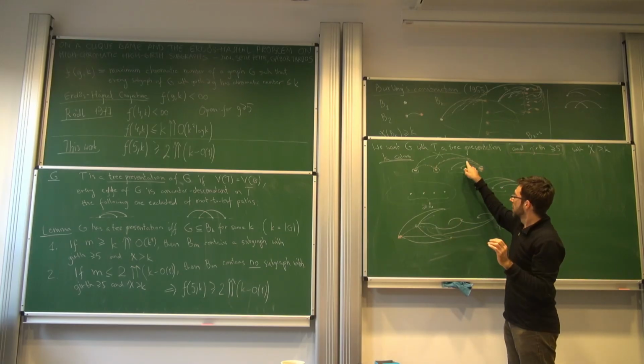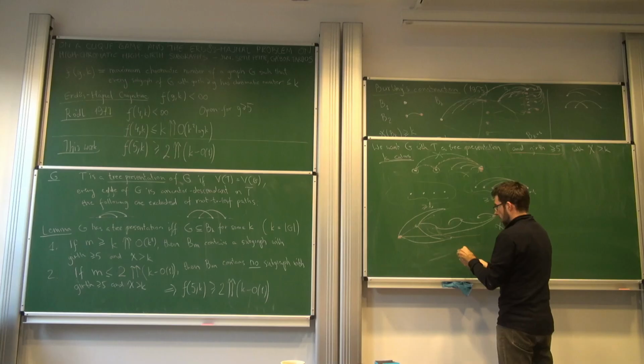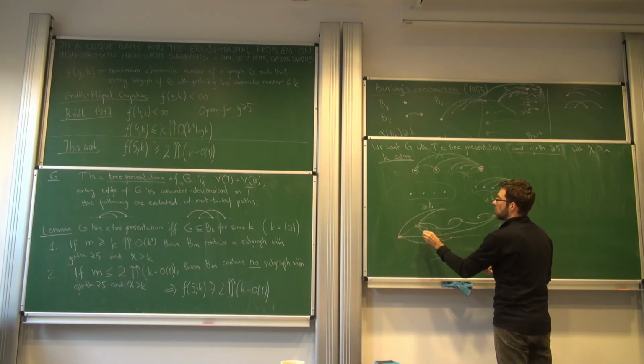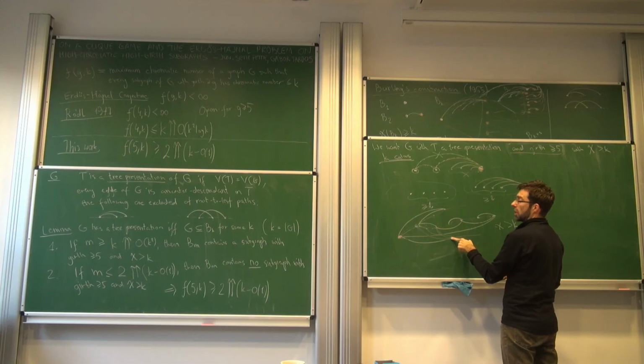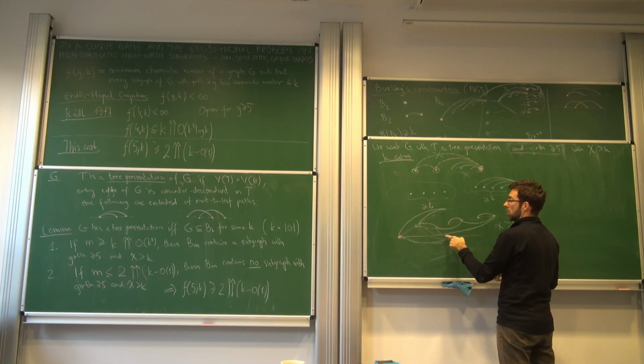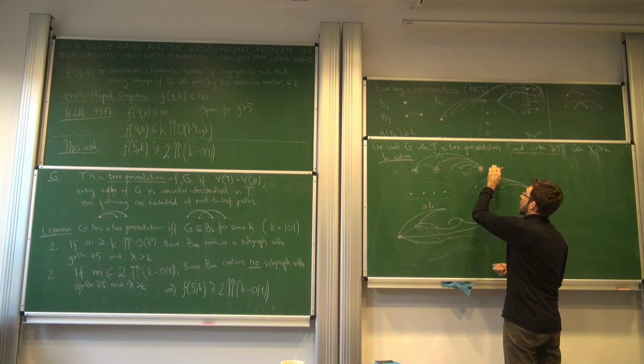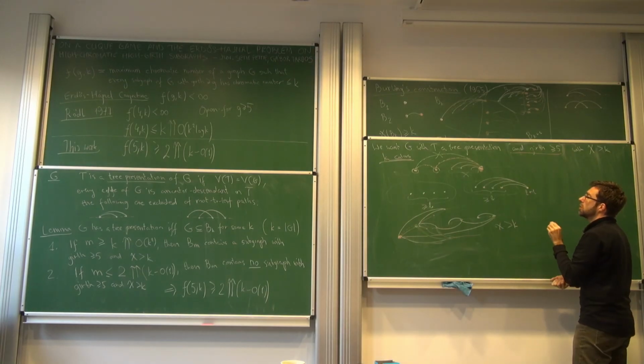What does that mean? That means that here, when we go blue, and this edge was colored red by builder, then this move here will no longer be possible. Okay, I forgot to say one more condition.